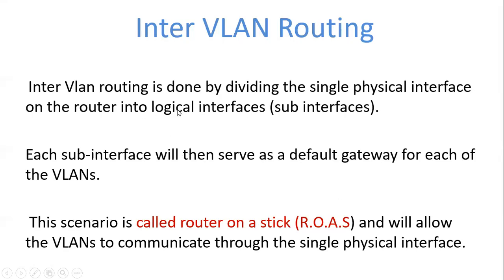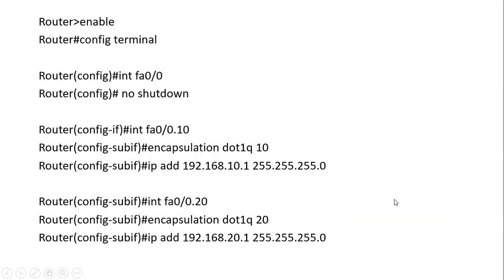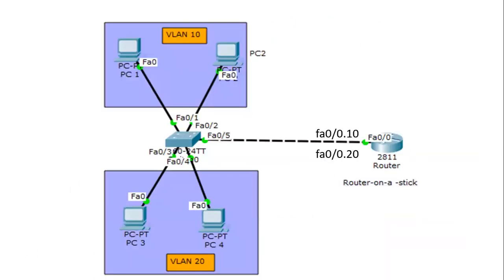So basically inter-VLAN routing means dividing a single physical interface into logical interfaces, called sub-interfaces, so that each sub-interface can have a default gateway for each VLAN. Now this scenario is called router on a stick. The commands to create this router on a stick are like this. So consider you have two VLANs and there's one interface.